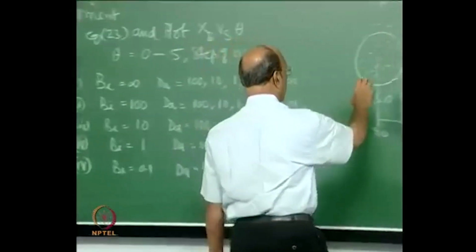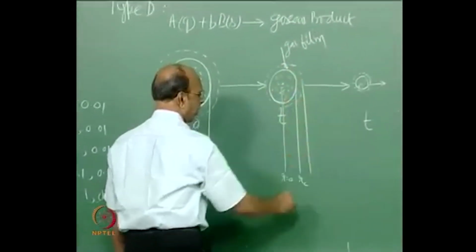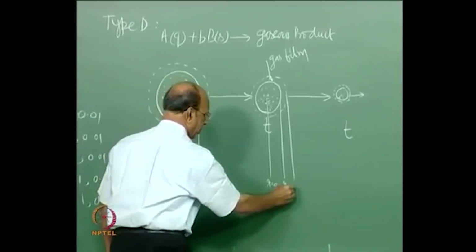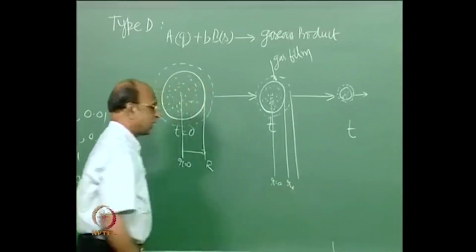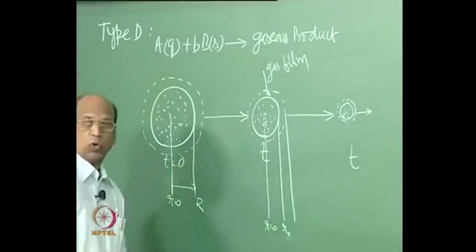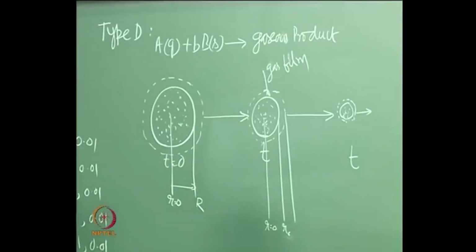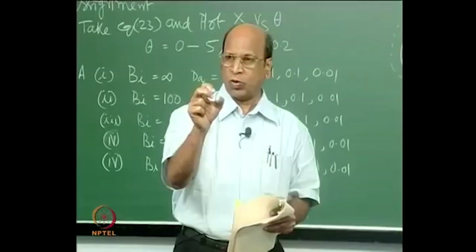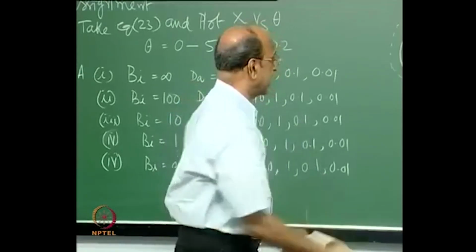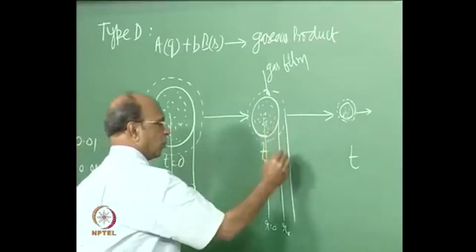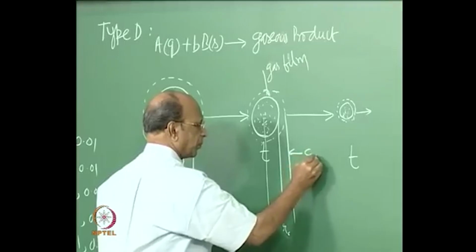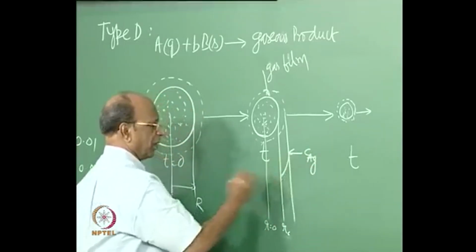Then the particle is shrinking overall, but I am trying to maintain the same notation. R c is the radius of the core which is shrinking, but the overall particle itself is the core for us, not like in the other case where inside the particle you have an unreacted core which is shrinking, but here the entire particle is shrinking. So, as usual, now I draw the profile.